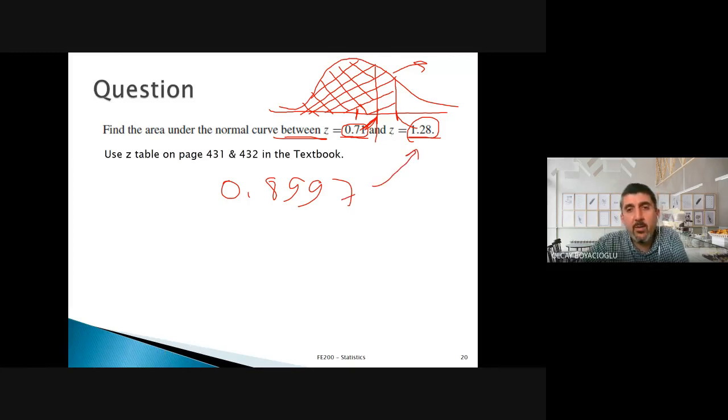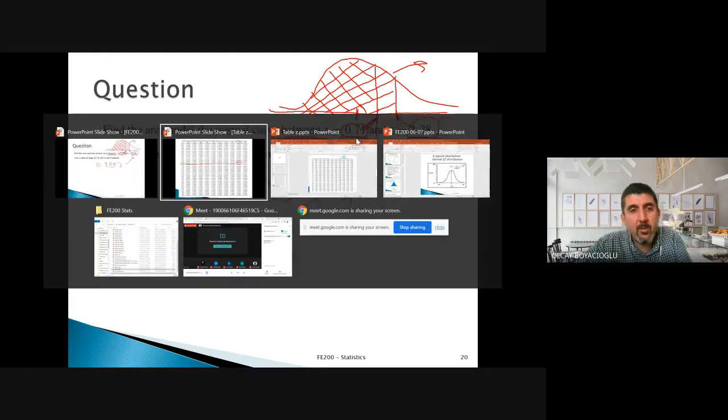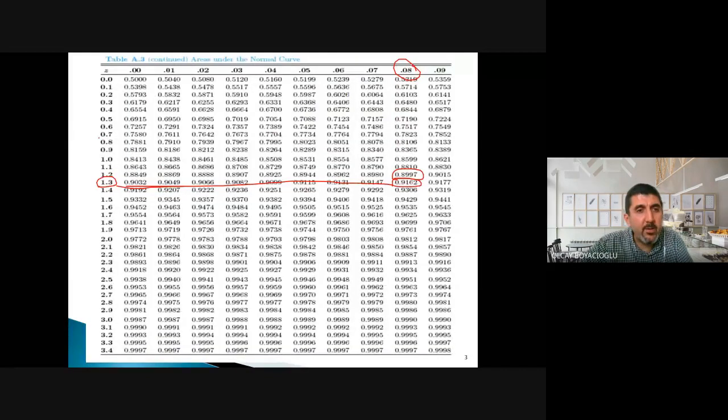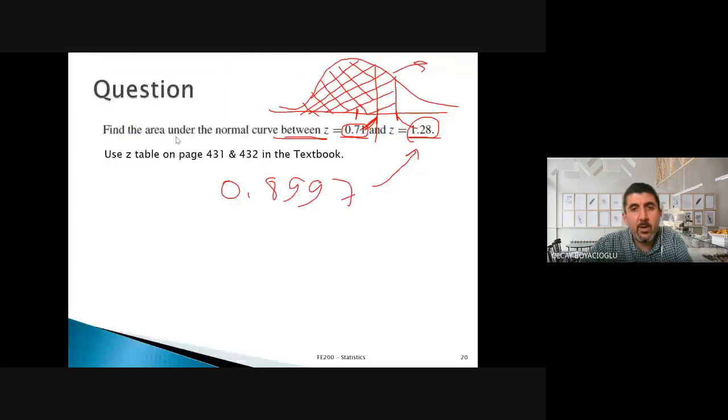Now let's find 0.71. 0.70 is here, 71 is here, because this is 1. What is that? 0.7611. 7611, without forgetting.